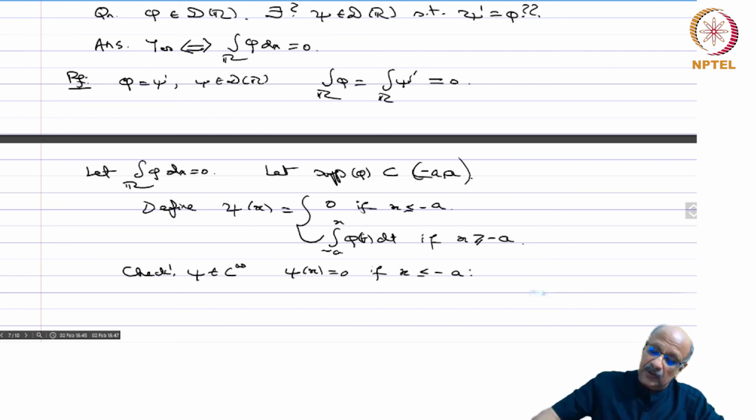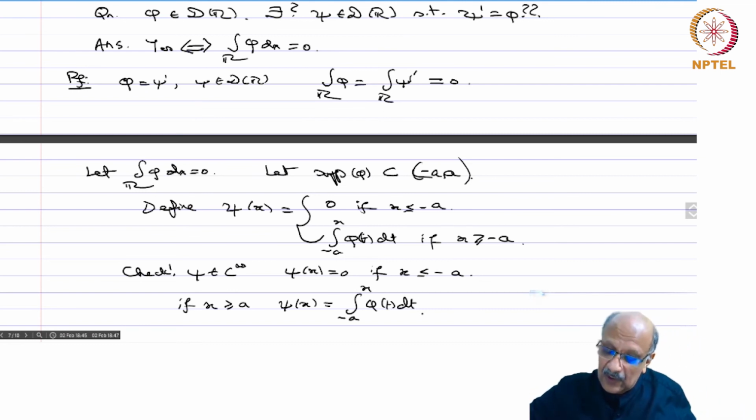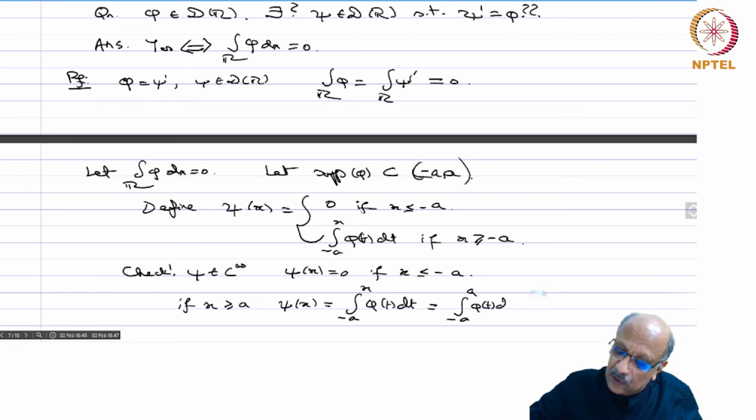Now psi of x is equal to 0 if x is less than or equal to minus a, that we already know. Now if x is greater than or equal to a, then psi of x is equal to the integral from minus a to x of phi t dt. But if x is bigger than or equal to a, this is equal to the integral from minus a to a of phi t dt, because phi is 0 after a, since the support is contained in minus a, a.